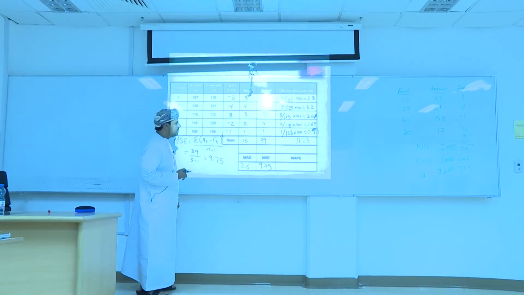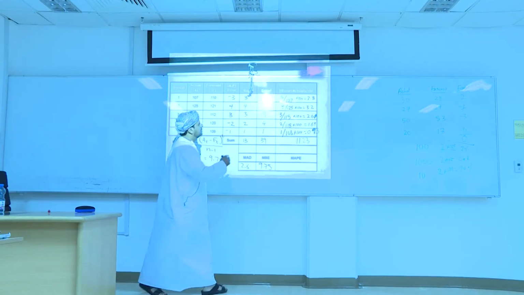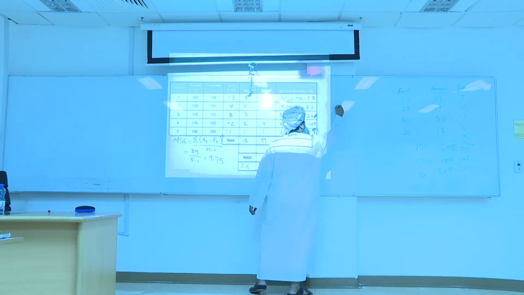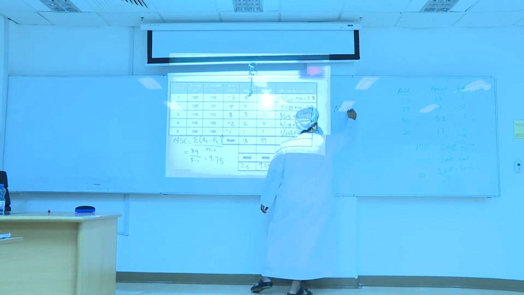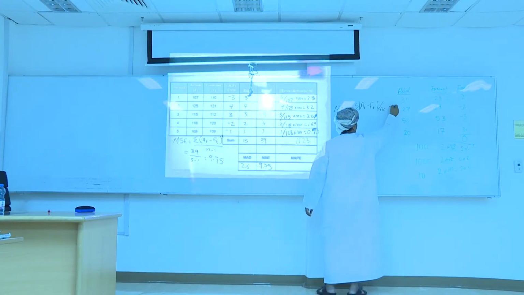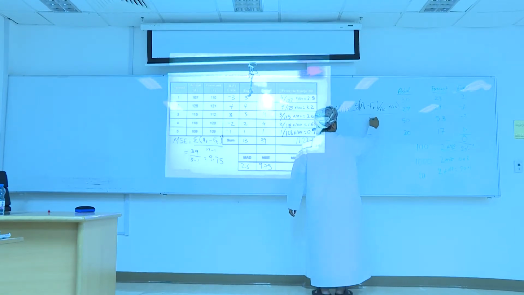Okay. So MAPE simply is the total again divided by n. MAPE is equal to the summation of the absolute value of A minus F, divided by A, multiplied by 100, and the total of this is divided by n.